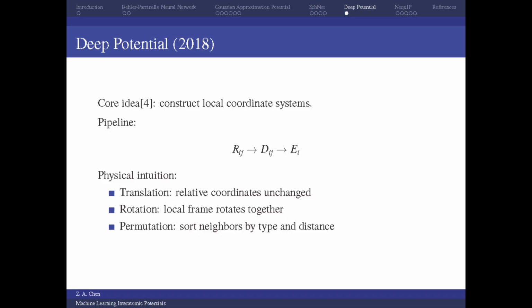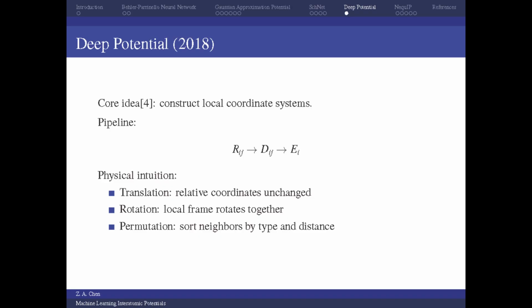Intuitively, this is similar to a person observing a bag in their own coordinate frame. If a person and the bag rotate together, the relative geometry remains unchanged. Permutation invariance is handled by sorting neighbors according to atom type and distance.